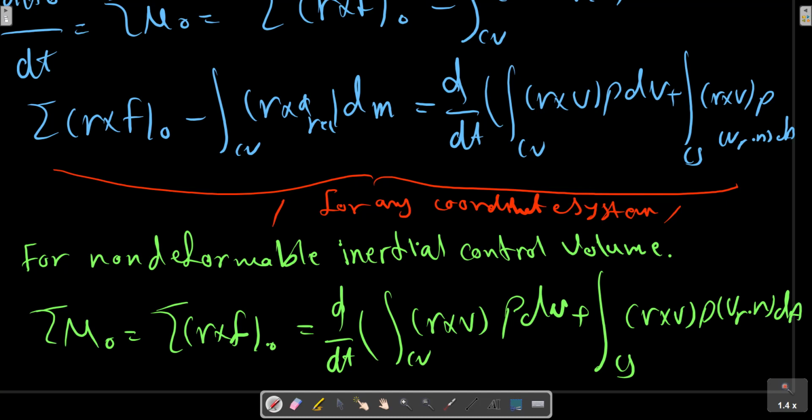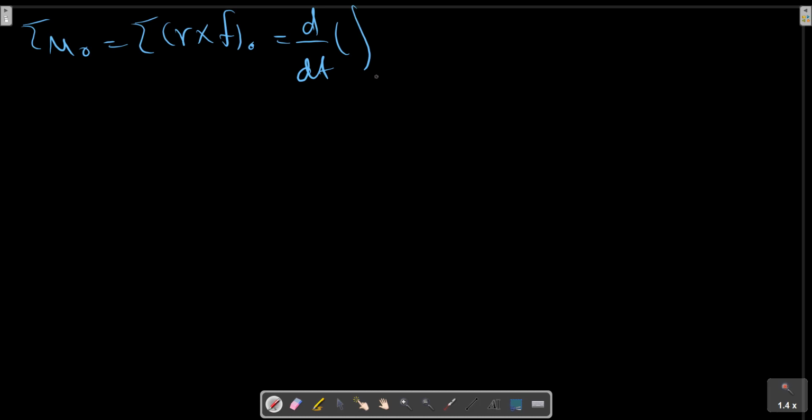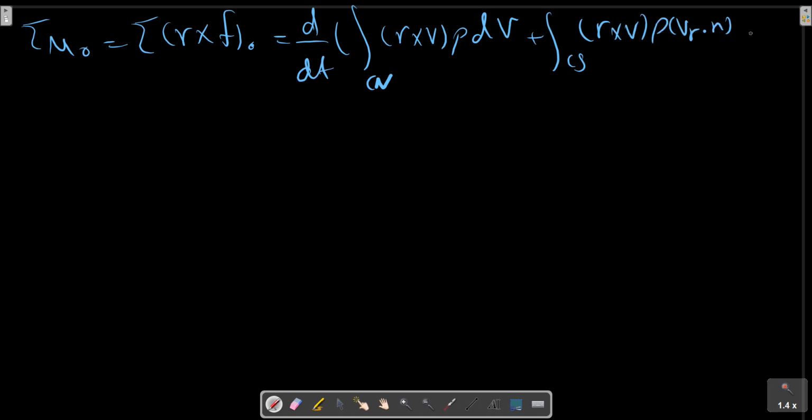This is the relation for the non-deformable inertial control volume. So, considering this relation, let me write it again here: rho dV plus rho V_r dA.